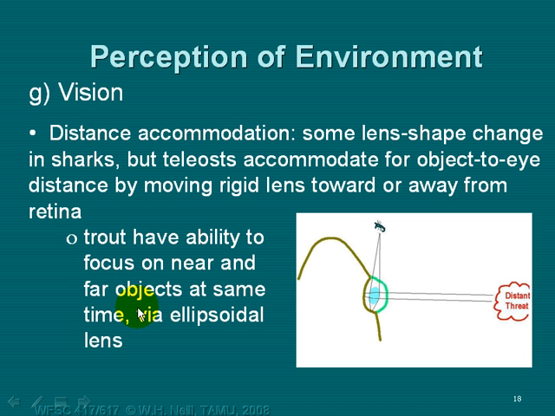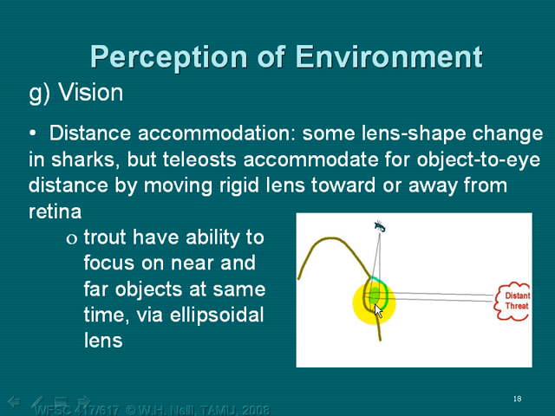Trout have the ability to focus simultaneously on nearby objects and far objects. Well, everything is relative. When I say nearby, I mean within striking distance. If it's food, like less than a fish length, maybe a head length away, versus maybe a couple of meters away. And the way they do that is, instead of having a spheroid, they have more of an ellipsoidal lens that's oriented sort of along the axis of the body of the fish.